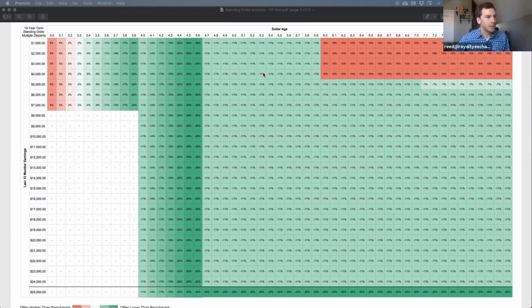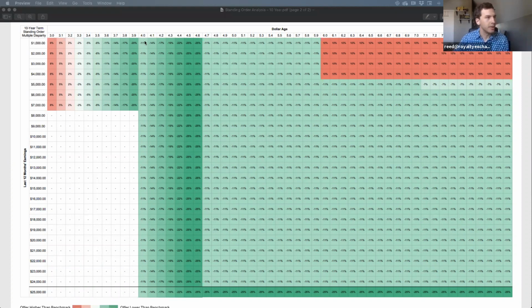So on the color scale, the more red cells are, the less of an opportunity there is to outbid someone at that level. For instance, here, there's a lot of 5 times multiples in this segment. That's 10% higher than our analyst benchmark, so unless you're willing to outbid them there, that's not really a large opportunity. The more green cells are, the greater the opportunity to outbid someone and fill catalogs.